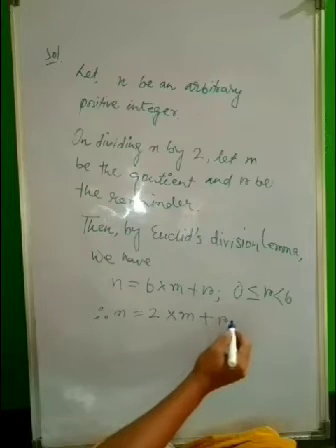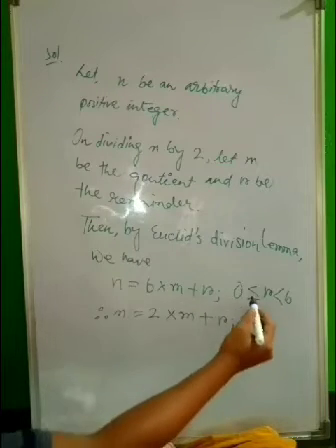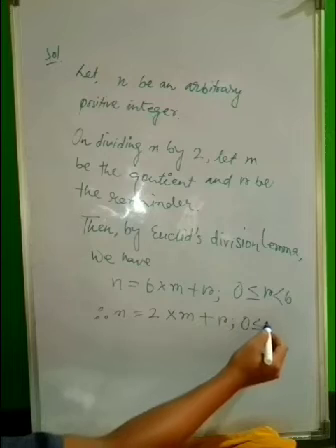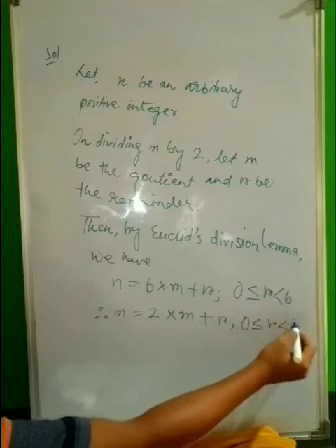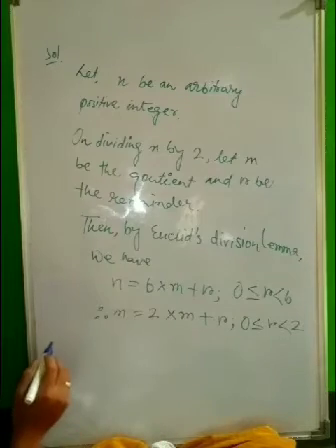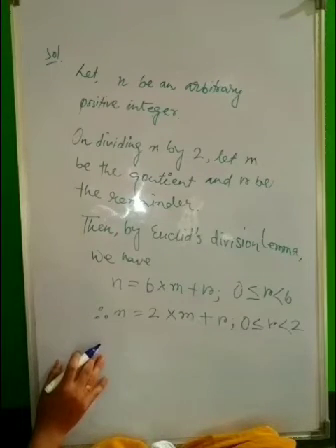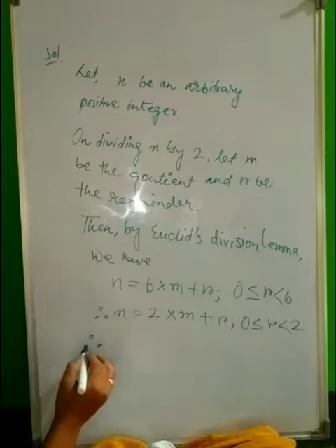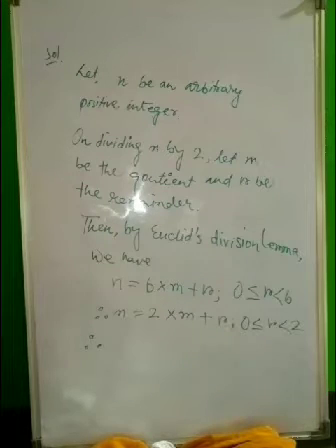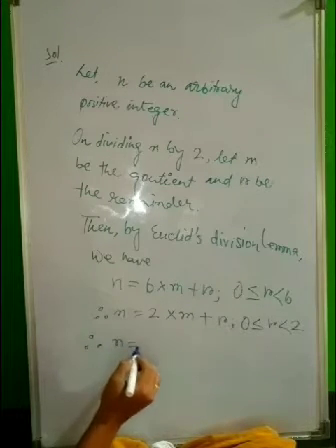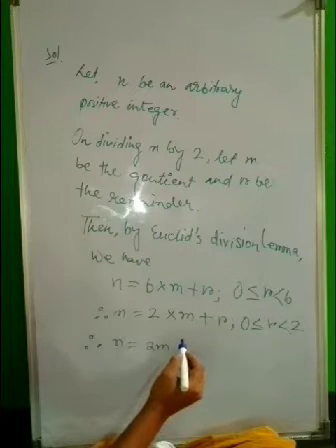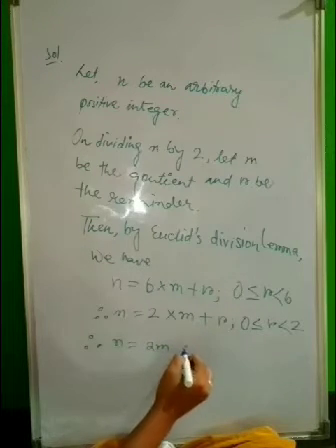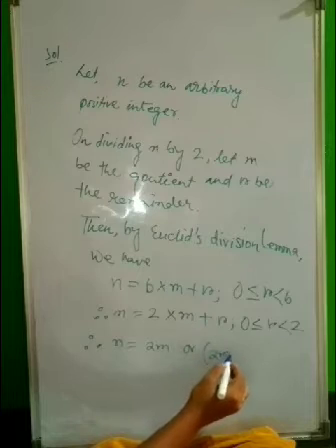We have to put R only. So 0 is less than or equal to R, which is less than B, which is 2. Therefore from this formula we get n equals 2m or 2m plus 1.